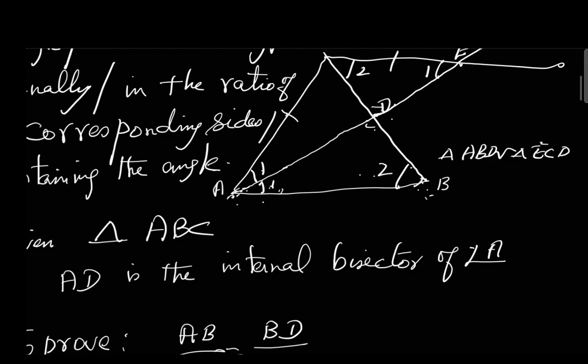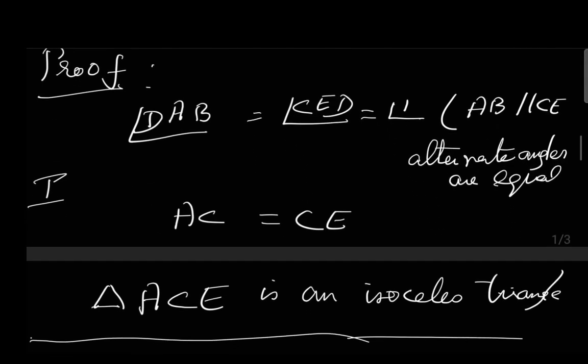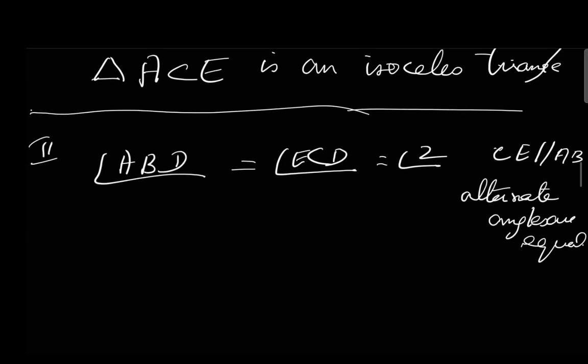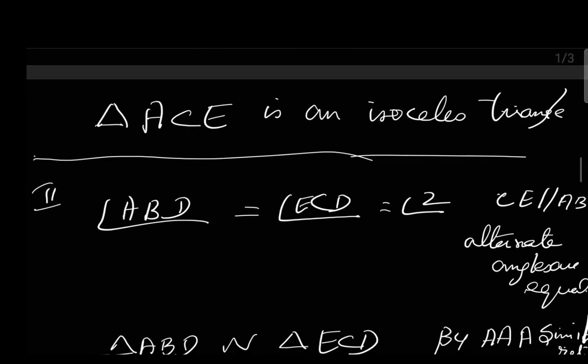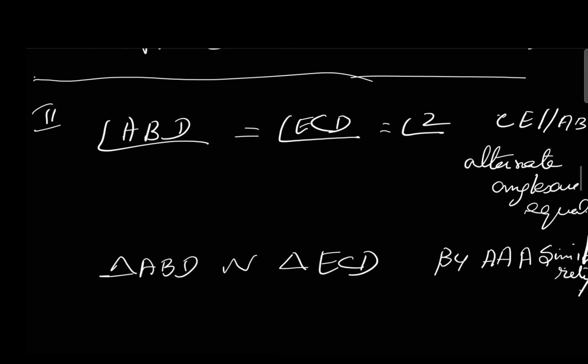So write here: triangle ABD is similar to triangle ECD by angle similarity. Okay, that's all. So very easy for you.